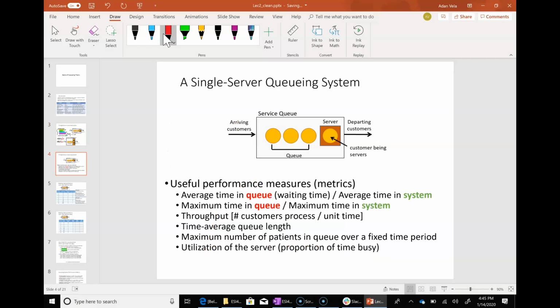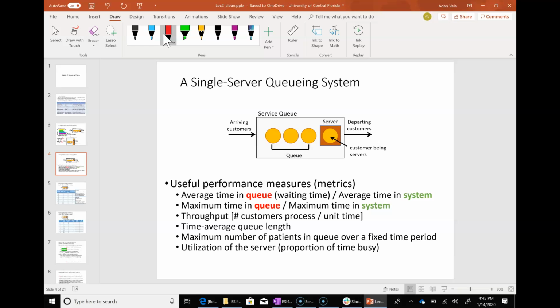Now, when we look at these queuing systems, right now we're talking about a queuing system as just one thing. So we have one server, and maybe we can imagine there would be 4 servicers here, but one server and then a line. That's it when we talk about a single queuing system.